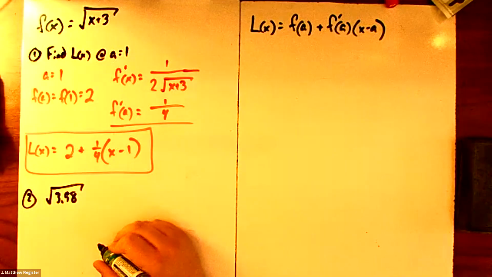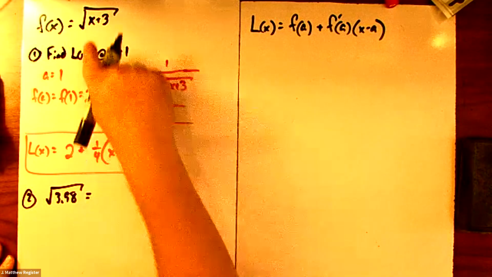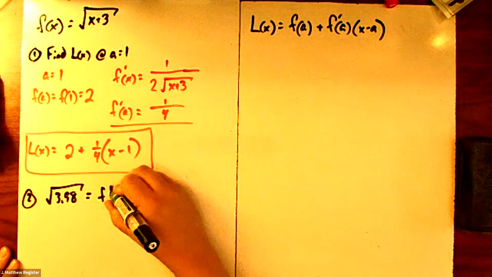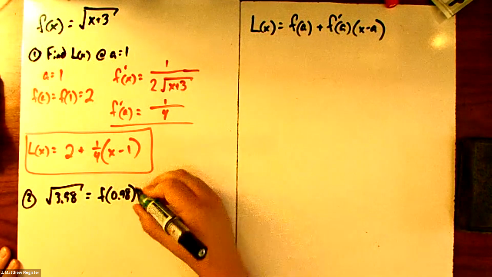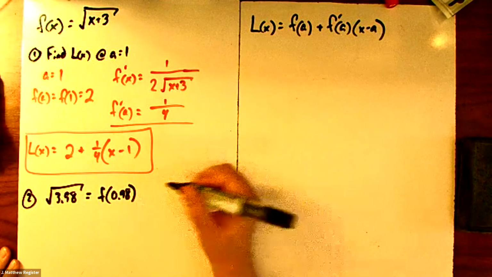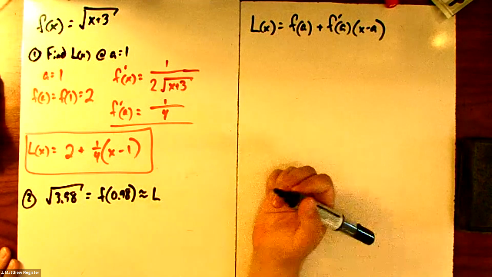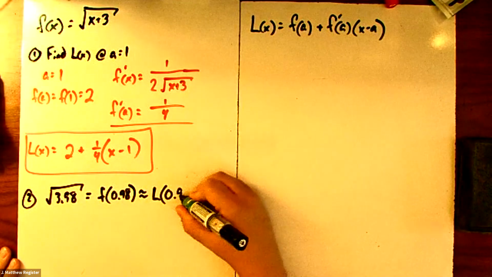Oops, stop the share, there we go. Well, in terms of our function, that would be f of 0.98. What we would want to do is find our linearization to figure out what the approximation is. And so L of 0.98.